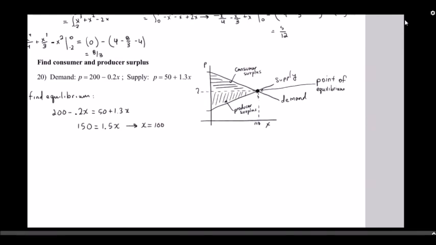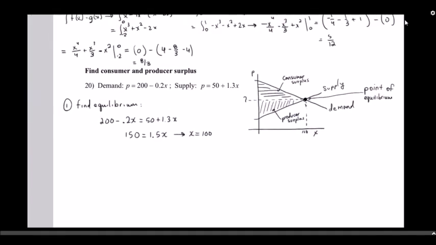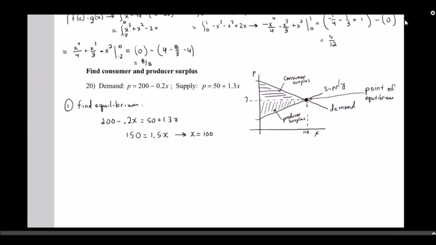Now we need this p value right there. So if we choose one of the equations, supply for example, we get p, which we don't know yet, p equals 50 plus 1.3 times 100.